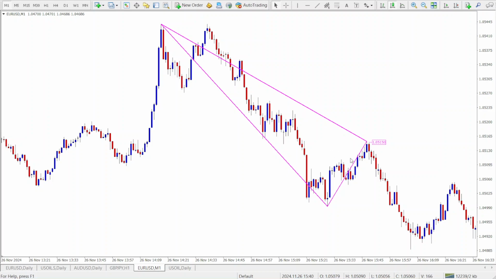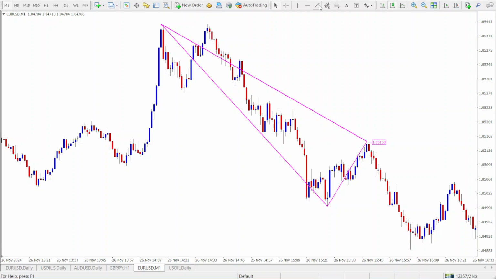When this indicator spotted this particular pattern, we can see that this triangle indicated somewhat of a slopy consolidation, a slopy consolidation.